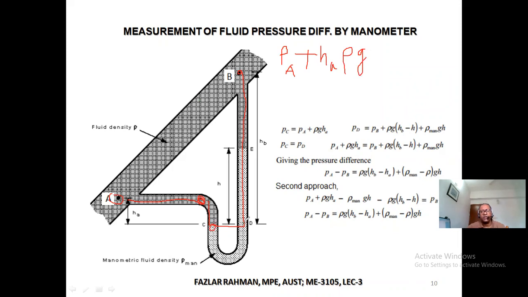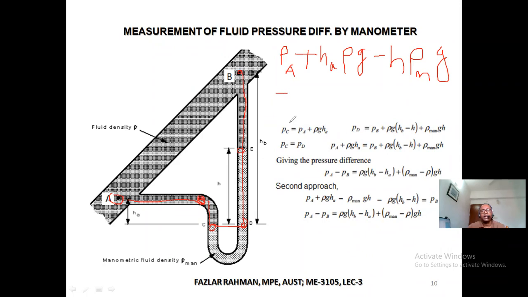Now you are at point C. Point C means you're coming to point D. Now you're moving upward, coming to point E. So you're going upward, negative H rho M g. Now from this point, you need to come down to point B. Again, you're moving upward, minus. What is the height?